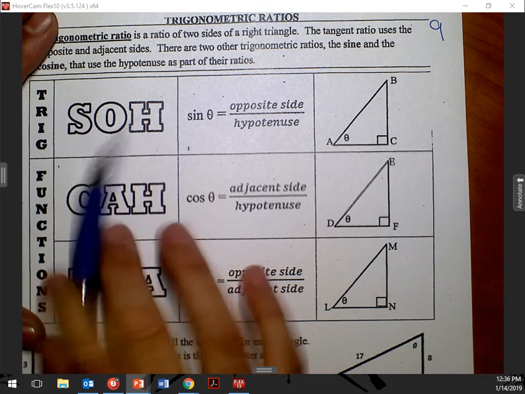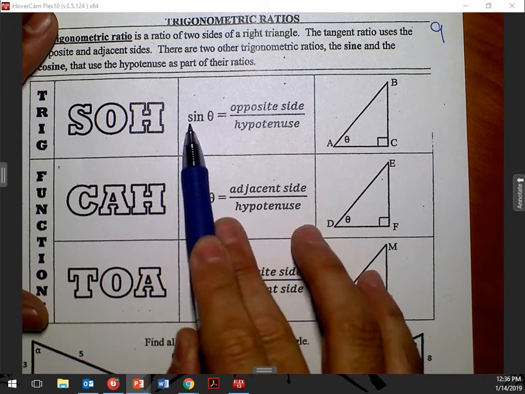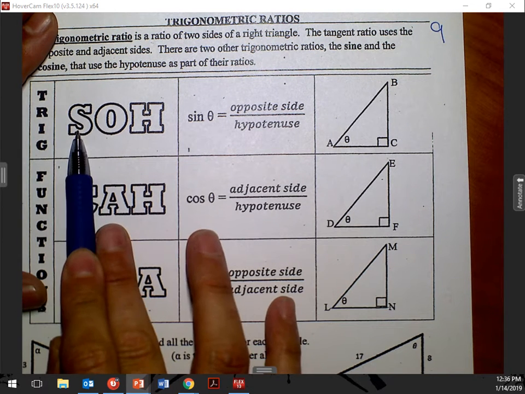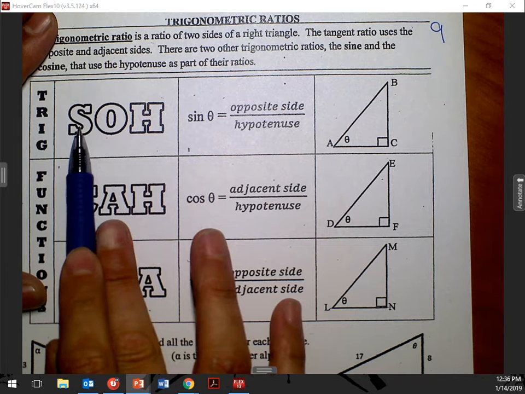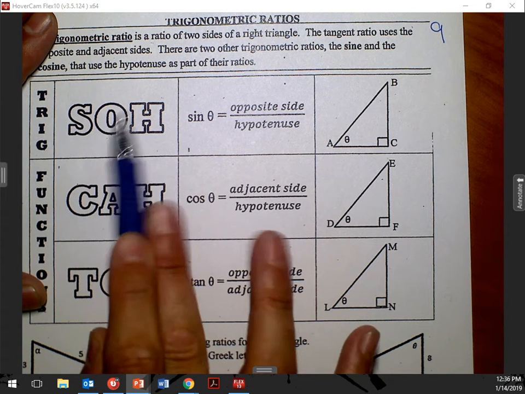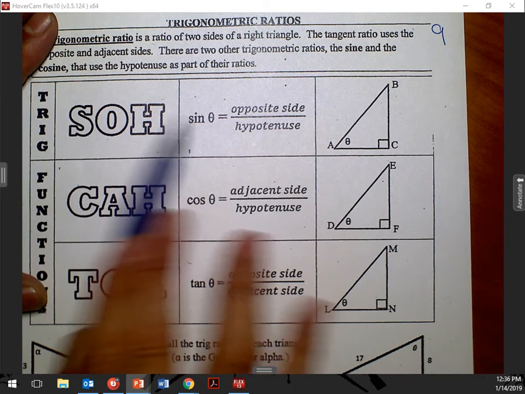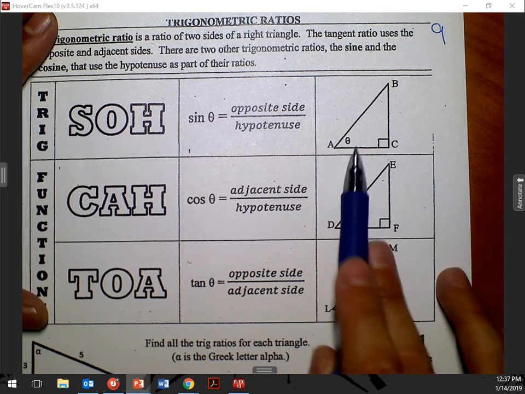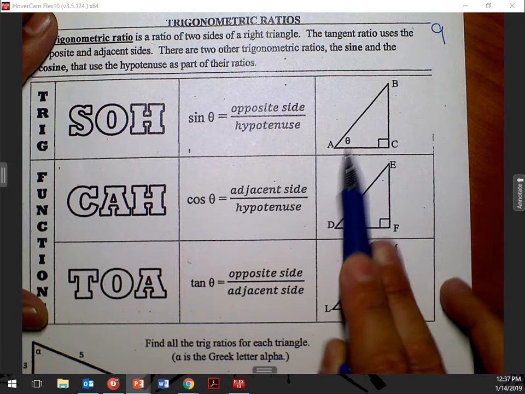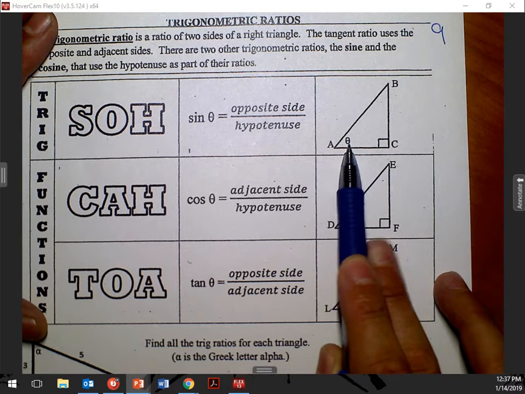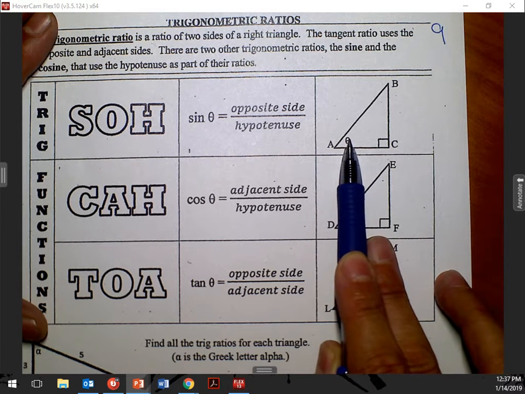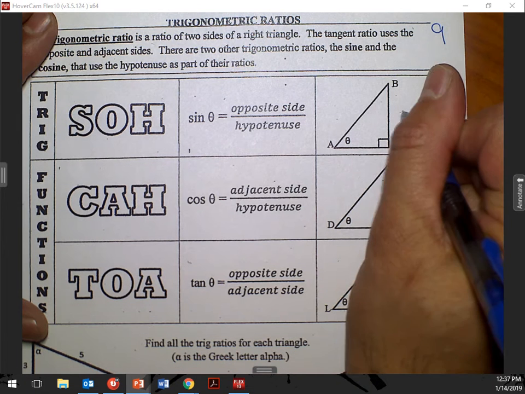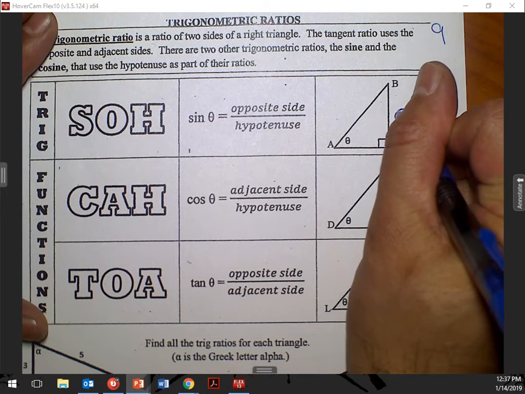So from here we have sine, which is going to be opposite over hypotenuse. From this one right here, here's my reference angle. Which one is going to be opposite of this one? BC. Very good. So I'm going to put an O over here.